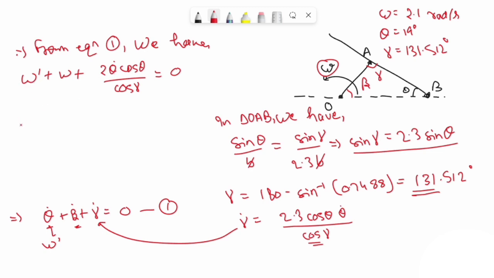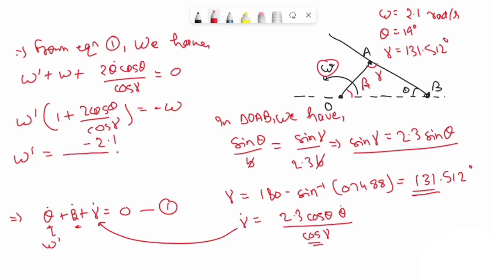Okay, so omega dash we will take common, 1 plus 2.3 cos theta by cos gamma equals minus omega. Put all the values, you will get omega dash equals minus 2.1 divided by 1 plus 2.3 cos 19 degree divided by cos 131.512 degree.